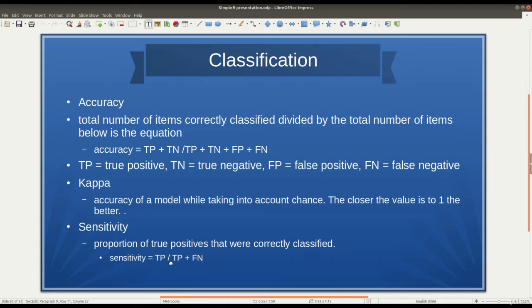Different times, you're more worried about false negatives or false positives. Let me give you an example. Let's say you're a doctor doing medical testing for people who might have cancer. A false negative will be much more disastrous than a false positive, because if someone receives a false negative, you are telling them, hey, you don't have cancer, when they actually do have cancer.